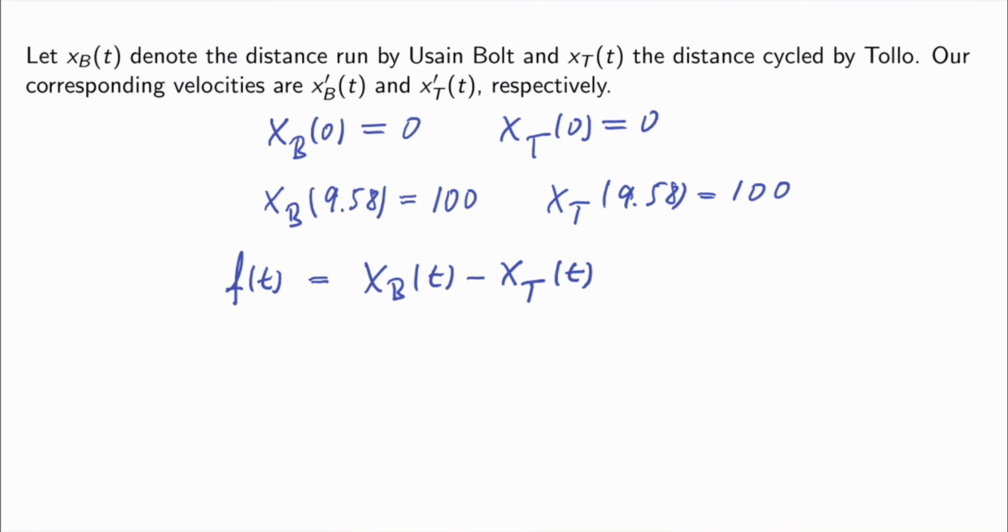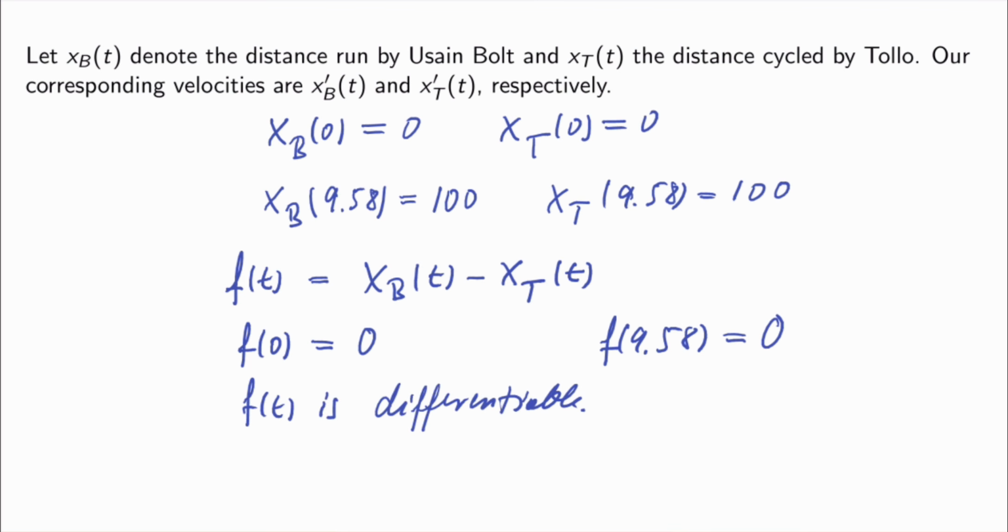So what I have written above translates as follows. f at 0 would be x_B at 0 minus x_T at 0, which is 0. And then f at 9.58 would be Bolt at 100 meters minus Tolo at 100 meters, which is 0. We should note that this function f is differentiable. It is about moving objects, so they cannot just jump around, which means we can use the mean value theorem.